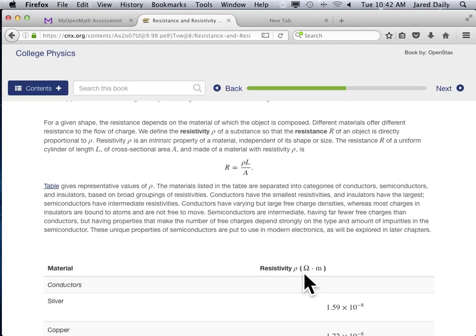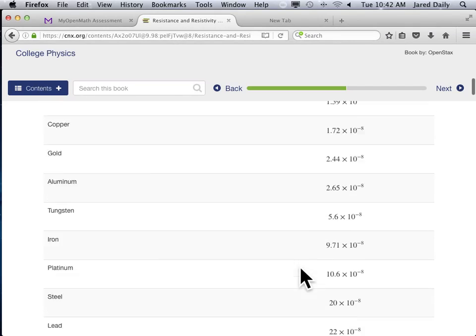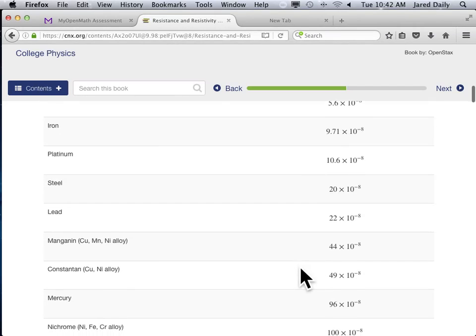So my guess is that our numbers are all going to be around point something ohms. Is that correct? Mine was 1.2. What material did you use? Mercury. Oh, yours might have been wrong.